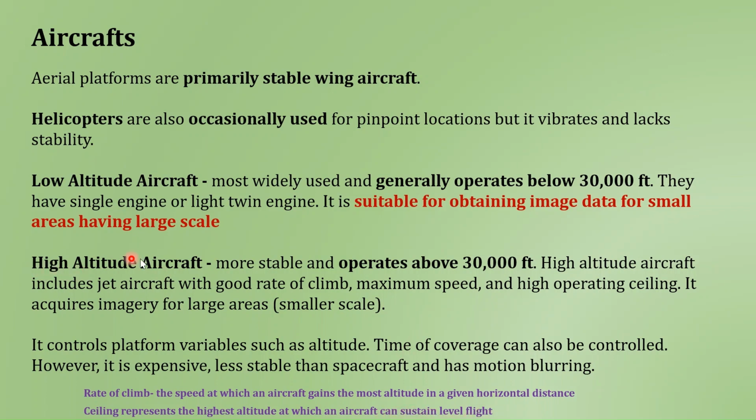These high altitude aircraft acquire images for a larger area, but here we have lesser spatial resolution. Aircraft provide flexibility, as variables such as the altitude and the time of coverage can also be controlled, but these aircraft are a little expensive and less stable than the spacecraft and have motion blurring.